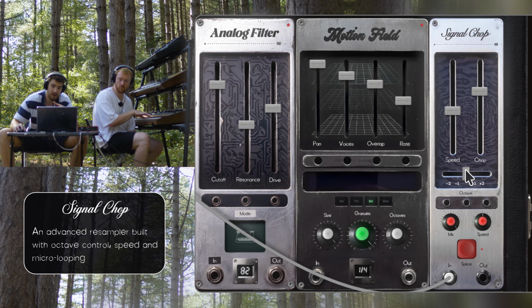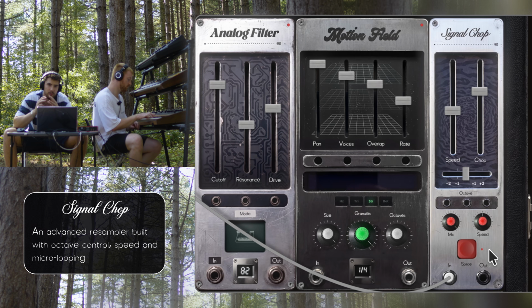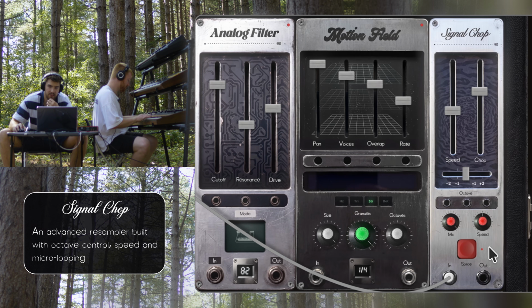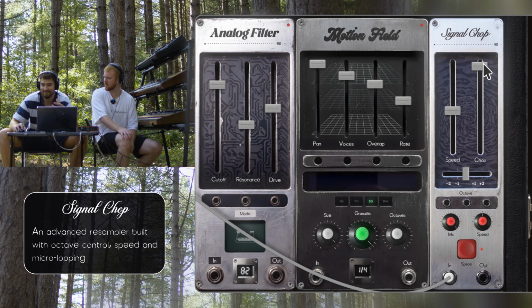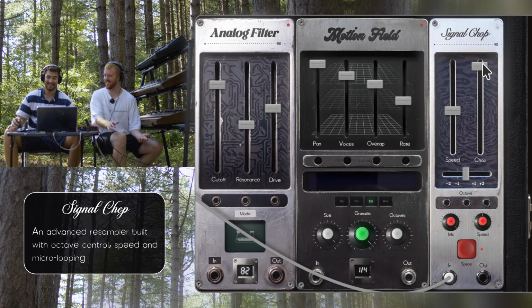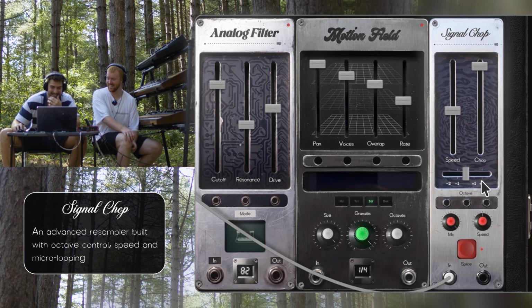But one really cool feature about this is this splice button. Once you hold it, you have up to 4 seconds to grab a chop from whatever's being put into it. So as you can hear, it's playing some audio. I'm just going to hold this and let go. And I can bring this chop slider up and it's going to adjust the mix. That itself sounds crazy. Not only that, but now I can adjust the octave of it.